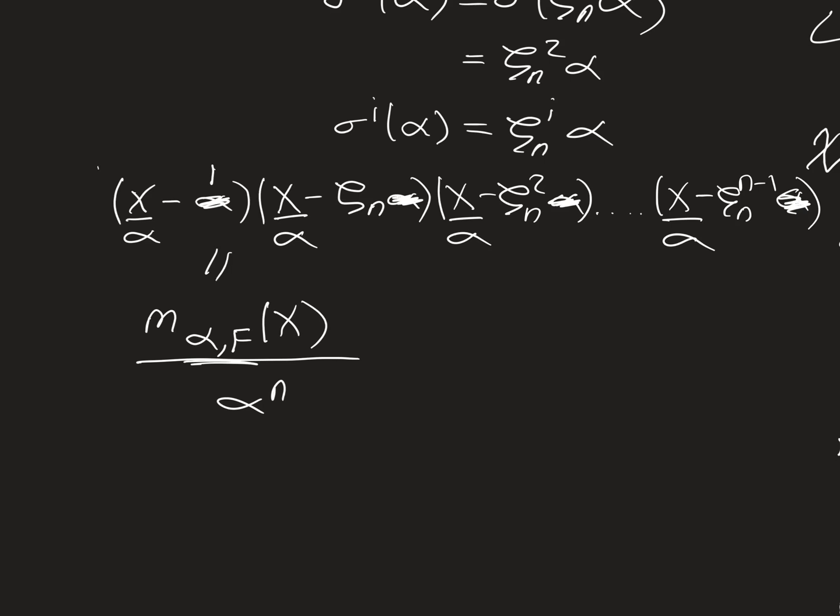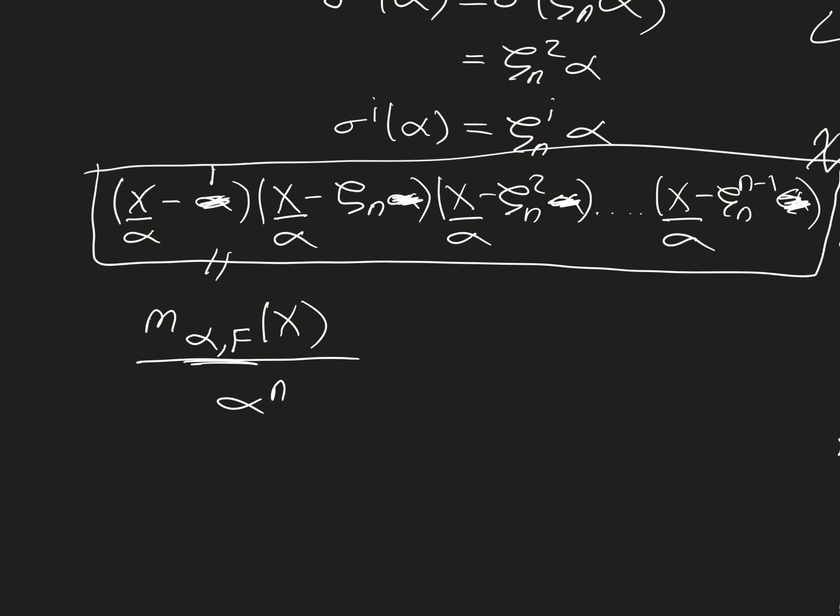But then we recognize this polynomial. This has all of the nth roots of unity in it. So this is going to be the polynomial (x over alpha) to the power of n minus 1. That's what that polynomial is going to split into over our field F. Remember, our base field F contains a primitive nth root of unity.